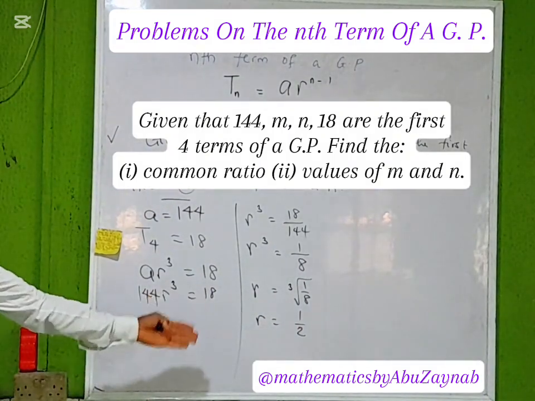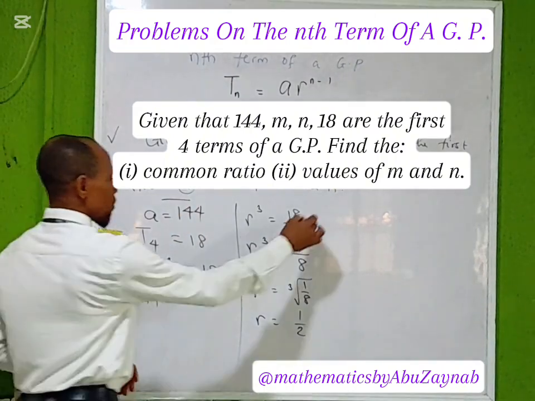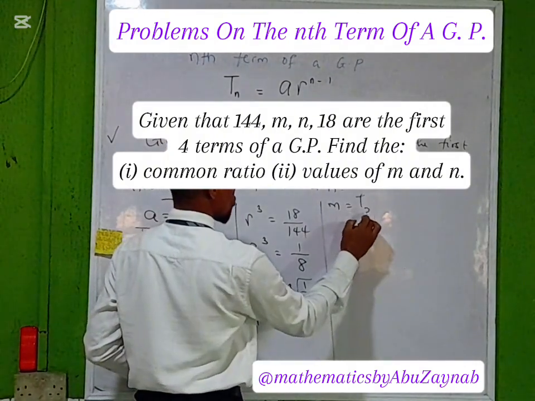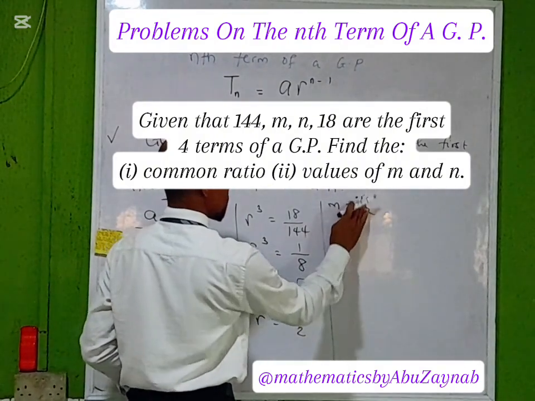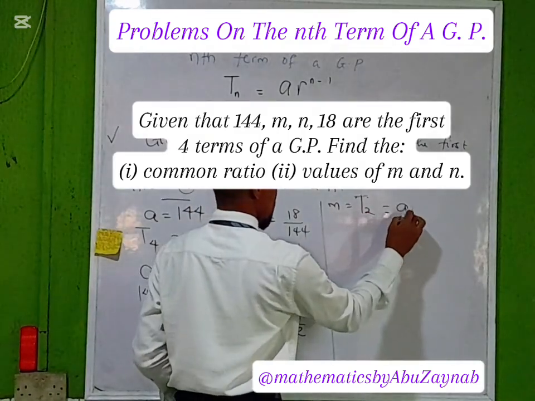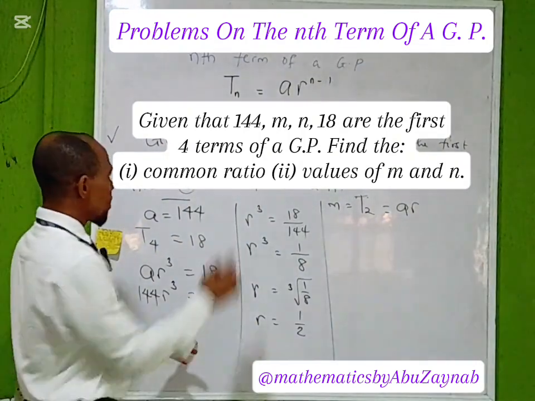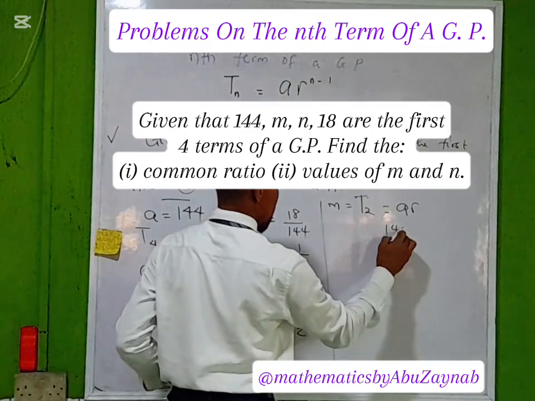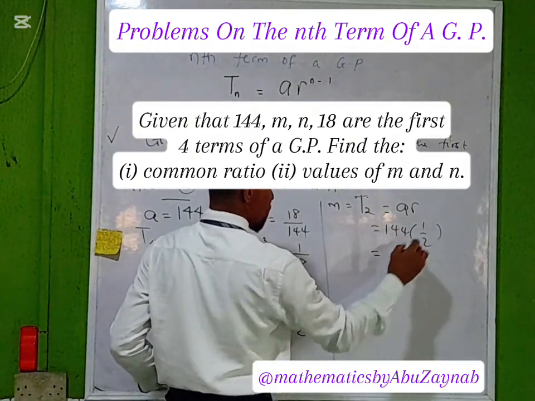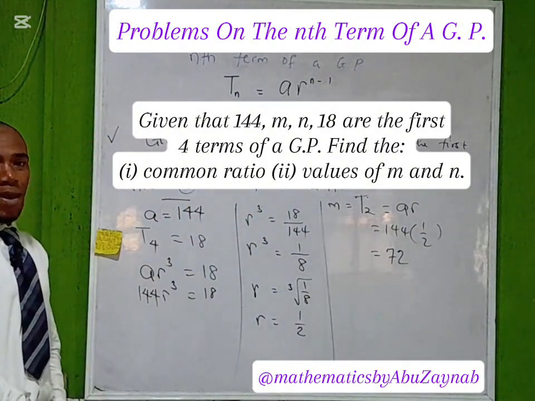Once we have our common ratio, we can easily go ahead and find our m and n values. Recall from the question that m is term 2, the second term. And the second term in formula is just A R, that's A R to the power 1. Knowing that A is 144 and R is half, it simply means 144 times half, that is 72 as our value for m.